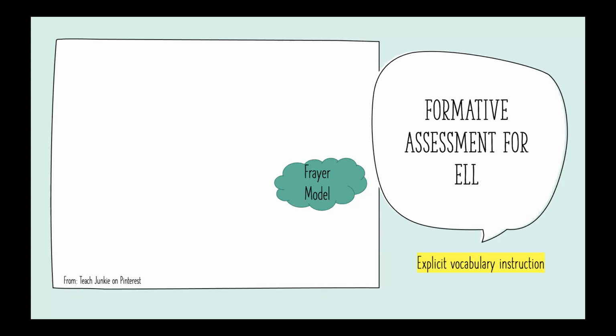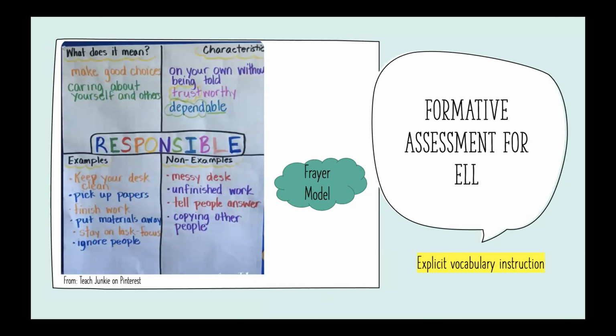One strategy we use to support explicit vocabulary instruction is what we call the Frayer model. Have you heard of this model or used it in your classroom? Yeah. Because I learned English as a second language, sometimes we only know one dimension of the vocabulary.